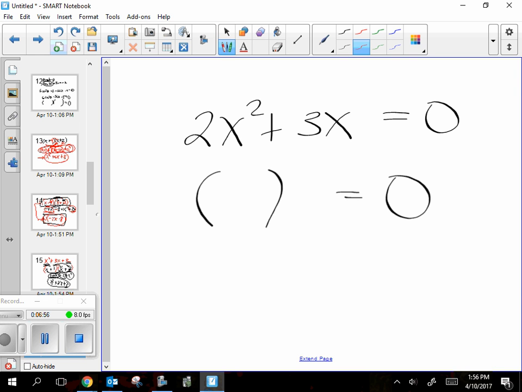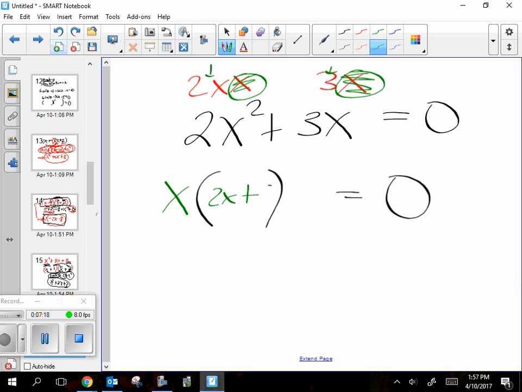If I do expanded form, it goes like this. What do they have in common? X. They both have an X. So the X goes out front. Then, after you take that out, technically you're dividing by it on both parts. You get what's left: 2x and 3.